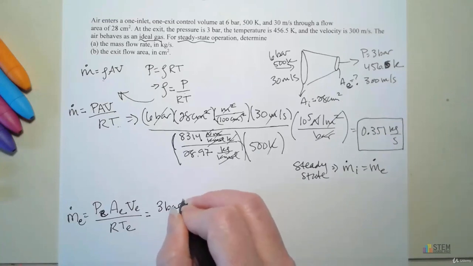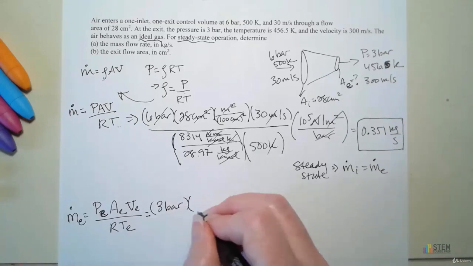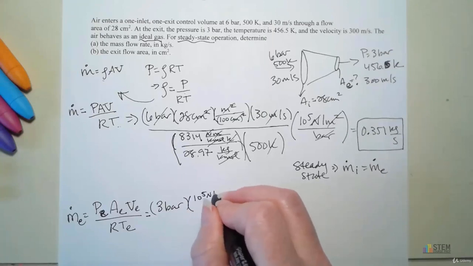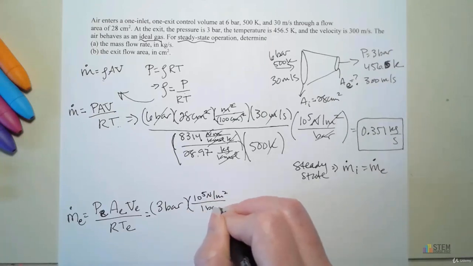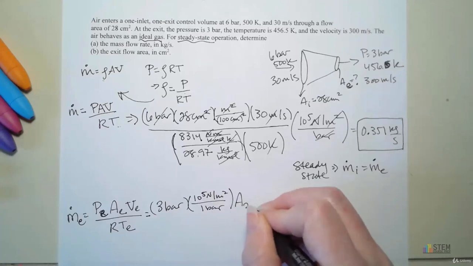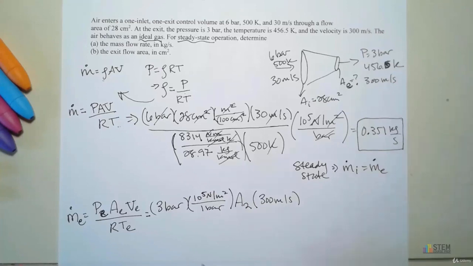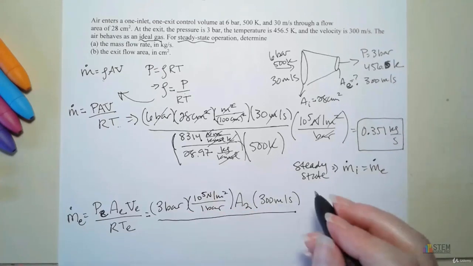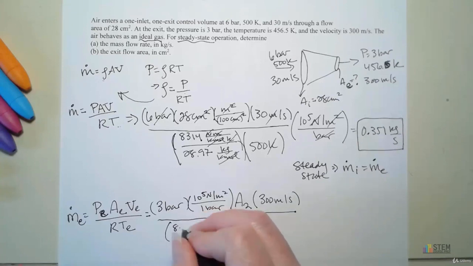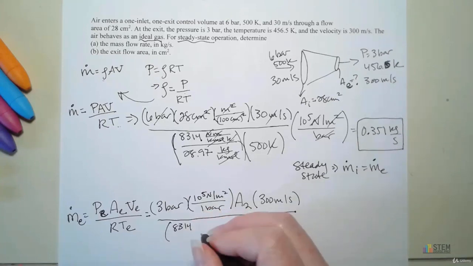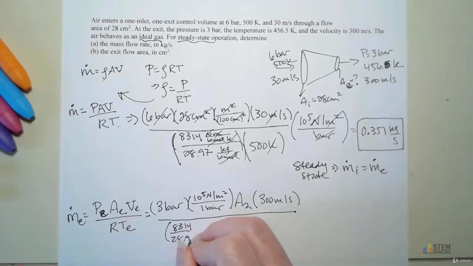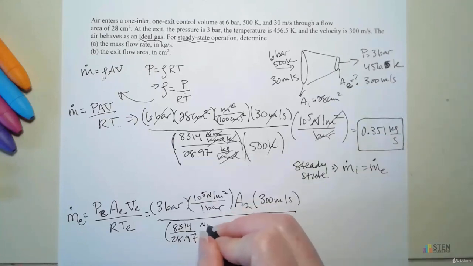Pressure is 3 bar. Let's get rid of the bar, so we'll have 10 to the 5th Newton per square meter per bar. Multiply by the area, multiply by the velocity, 300 meters per second. Divide that by R bar over M, and then you've got all your units up here, same thing we had before.